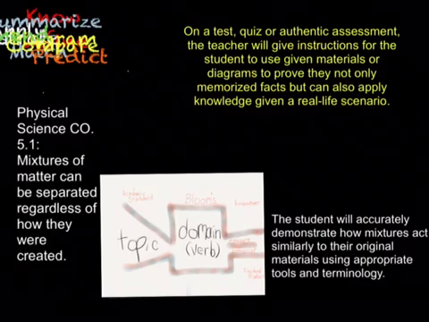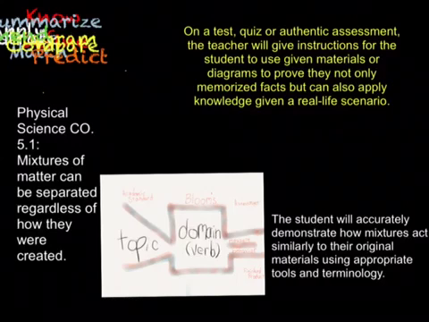This objective would then have a matching assessment. On a test or a quiz or another form of authentic assessment, the teacher will give instructions requiring the student to use given materials or diagrams to prove that they not only have memorized facts, but that they can also apply this knowledge given a real-life scenario.